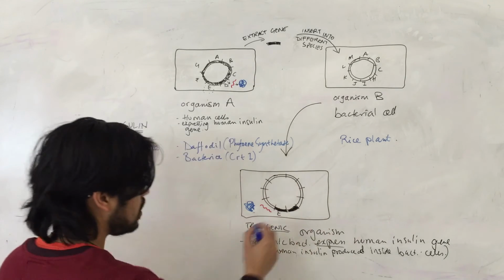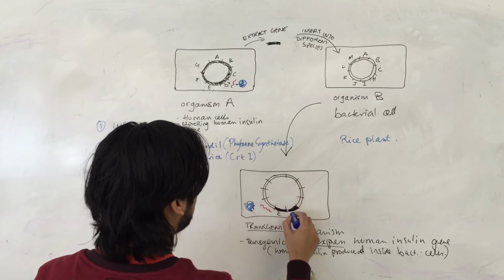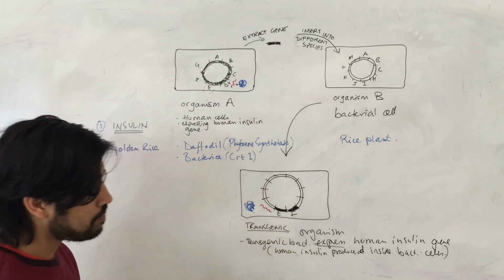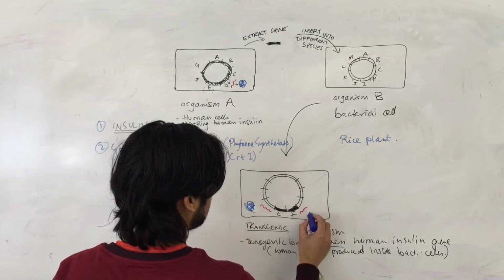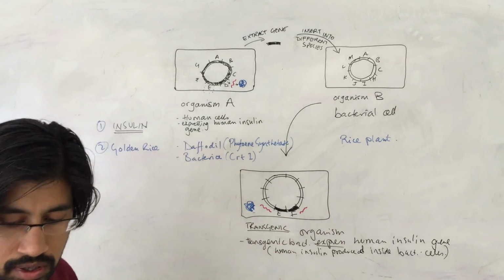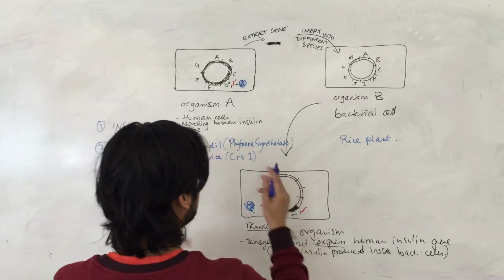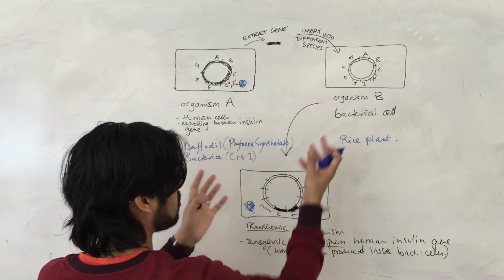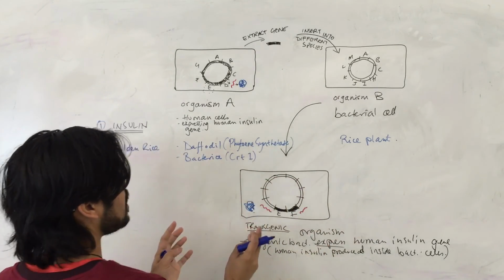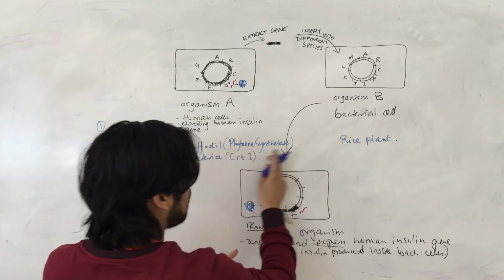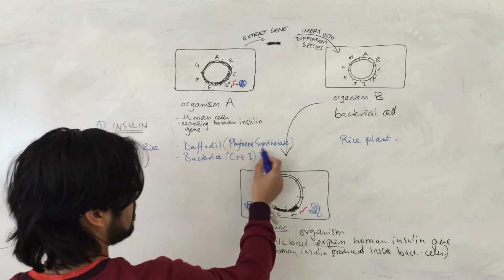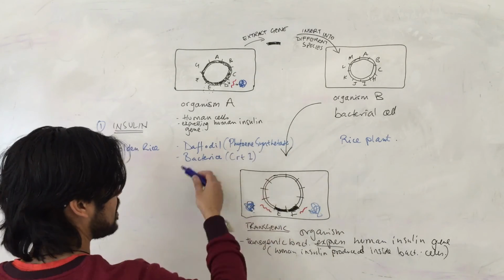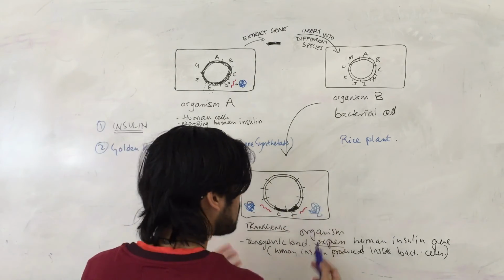Let's just call them E and F. The rice plant, our transgenic organism, is now expressing the enzymes needed: phytoene synthetase and CRT1 protein.